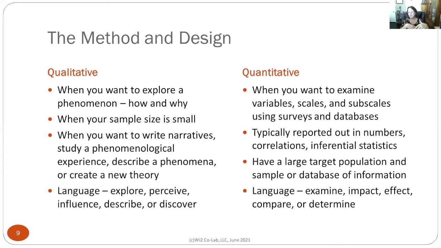So you'll see perception, or perceive, used in both qual and quant. And then quantitative: when you want to examine variable scales and subscales using surveys and databases, typically reported out in numbers, correlations, inferential statistics of some sort, and you have a large target population. Just because you only need 82 or 106 doesn't mean that's all you survey; you're going to have to survey 400, 500, 600 people to get that number. So just be sure as you go down the path.